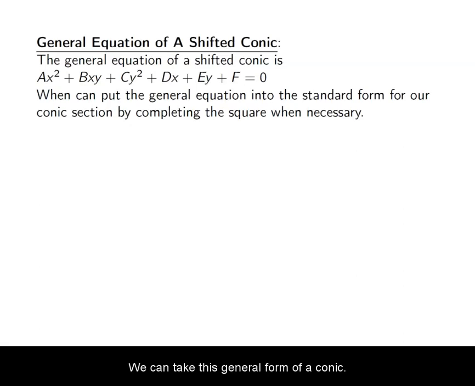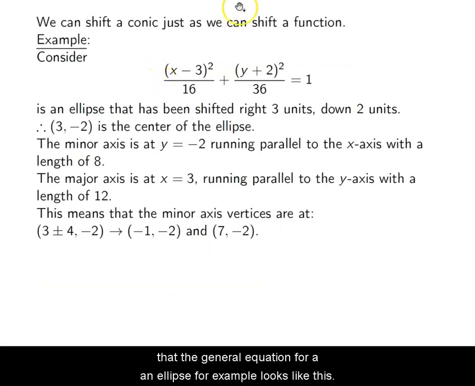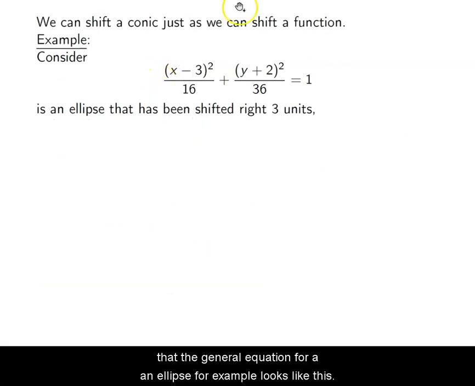We can take this general form of a conic and we can transform it into the general form of an ellipse, the general form of a hyperbola, or the general form of a parabola, generally by completing the square. Okay, so we know that the general equation for an ellipse, for example, looks like this.